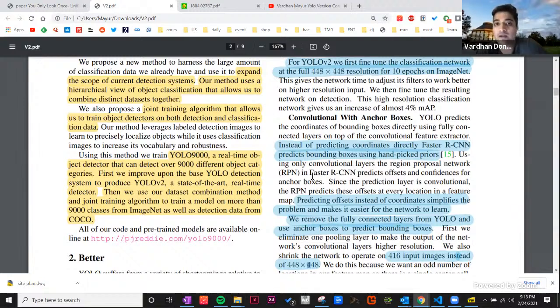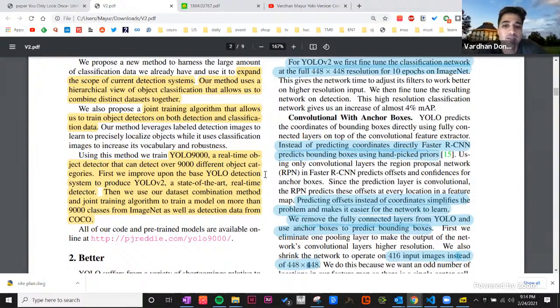They are using finer detailed features as compared to coarse ones, so using higher resolution for classification is another factor improving the mAP, and you can see its increase is almost 4%. And the third is the use of anchor boxes. That's another reason why V2 performs well as compared to V1.